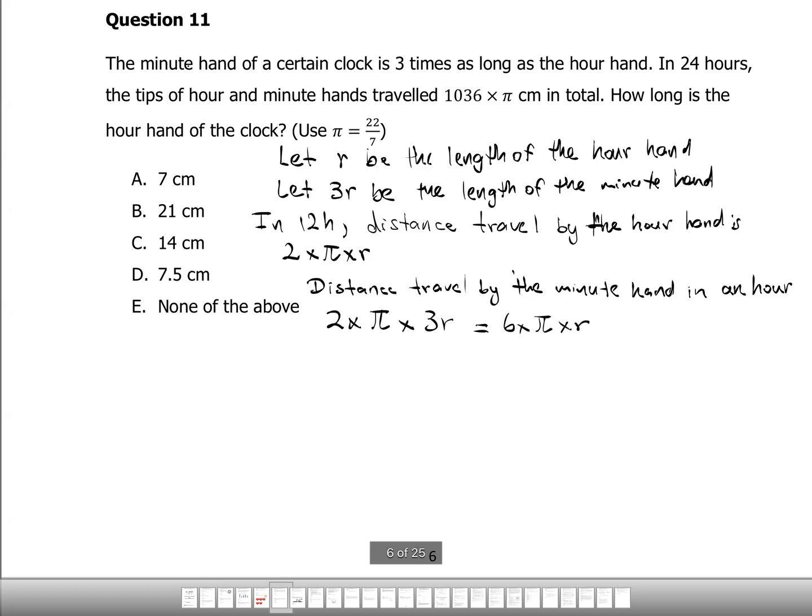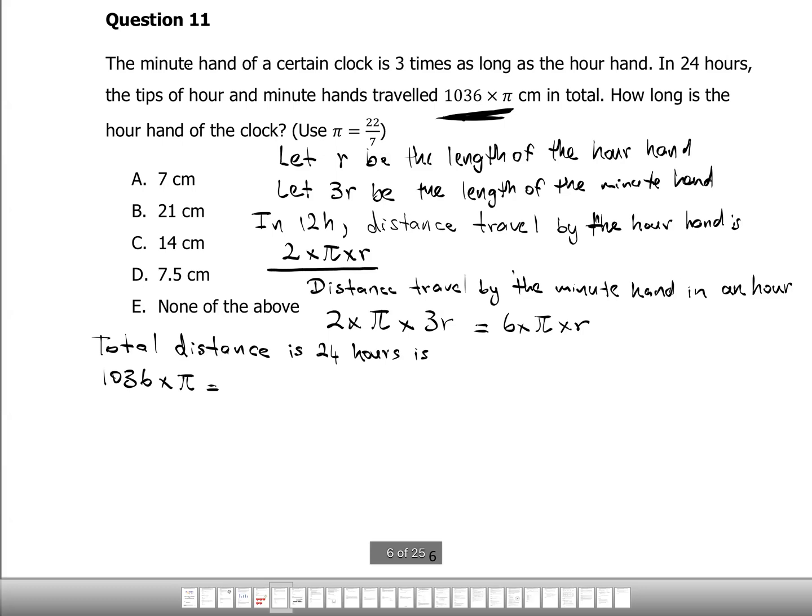And so the number that they give us is the total distance traveled by both the hour and the minute hand in 24 hours. So we have the distance traveled by the hour hand in 12 hours.